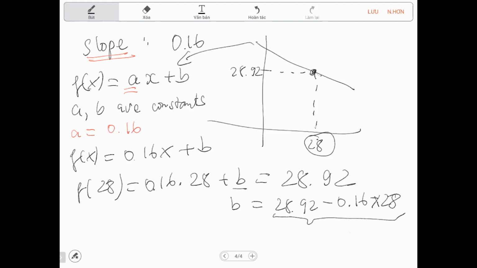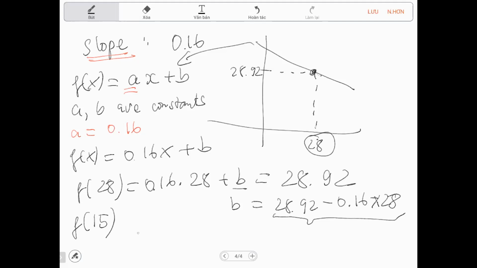And next, the question is how much radius was there after 15 minutes of call? After 15 minutes, that means they ask you to compute the value of f(15), right? When you have a and b already defined, we have already found the value of a and b.